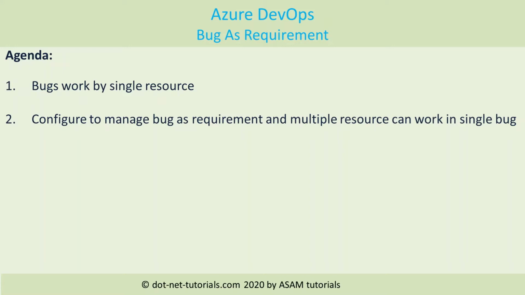Let's take an example. In a bug, one developer can work or multiple developers can work, and QA can work and an analyst can work. In that scenario, the second option is the best in the Azure DevOps portal.